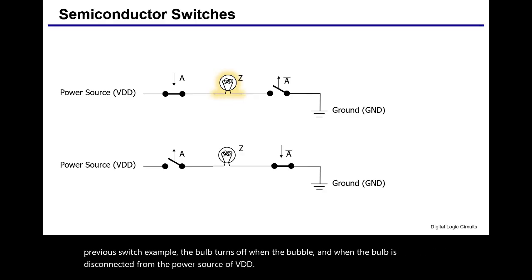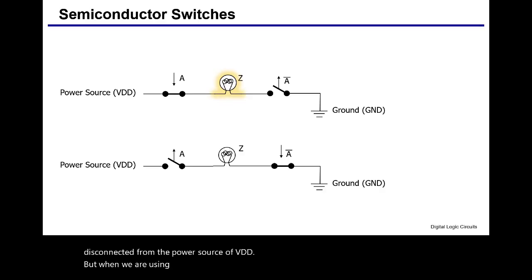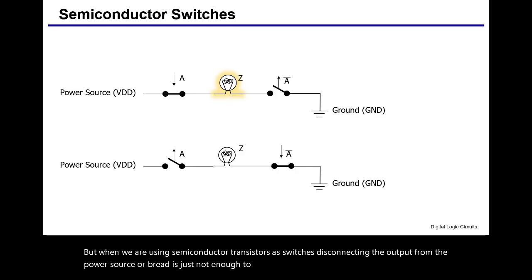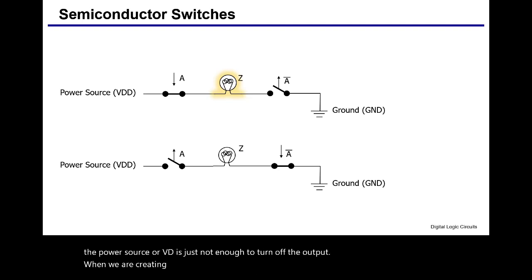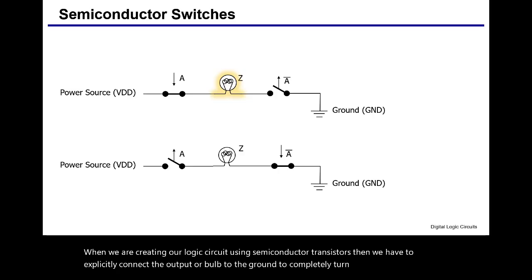But when we are using semiconductor transistors as switches, disconnecting the output from the power source or VDD is just not enough to turn off the output. When we are creating a logic circuit using semiconductor transistors, we have to explicitly connect the output or bulb to the ground to completely turn it off.